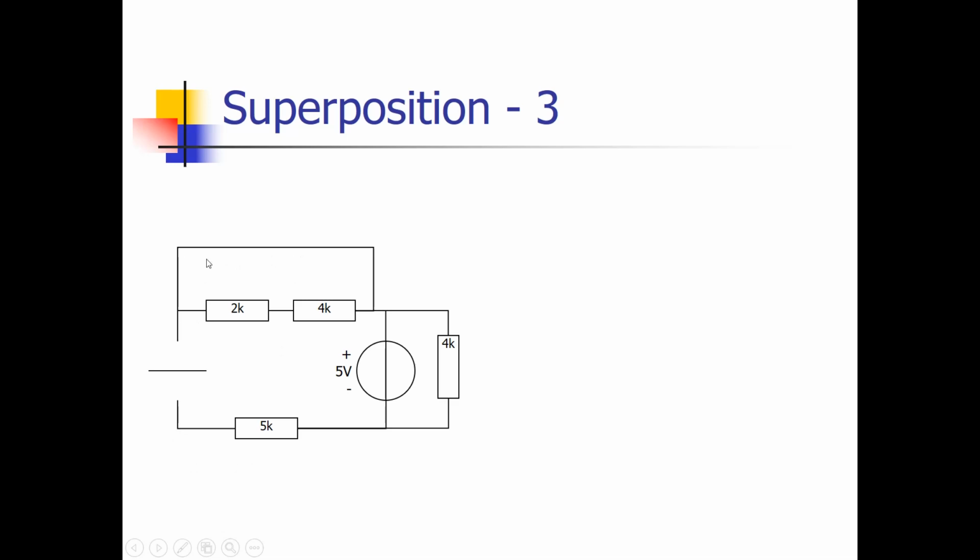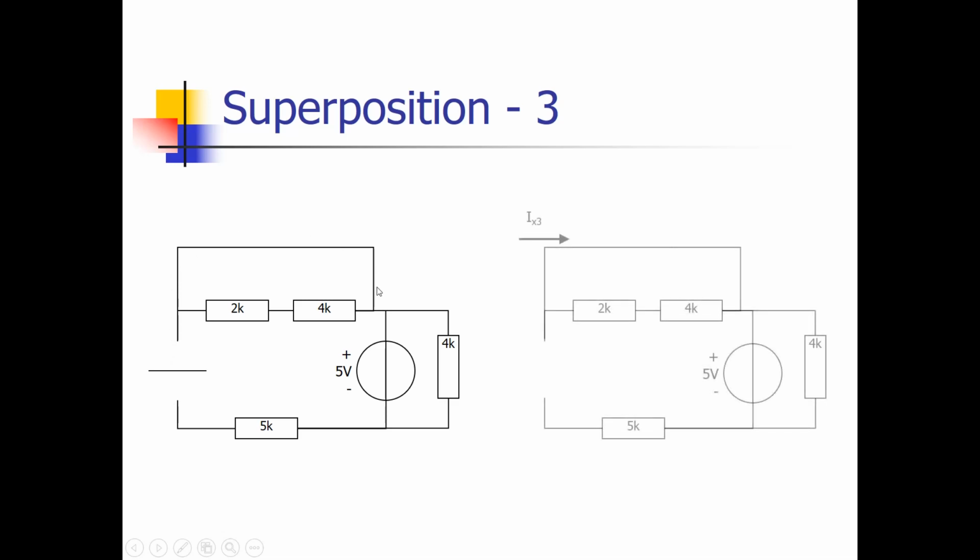What you can see already is that from this voltage supply there is no current path through this connection. So we can leave some components out, like this 5K resistance, but we see immediately that there is no current flowing from this voltage source into this wire. So the current Ix3 will be 0 amps.